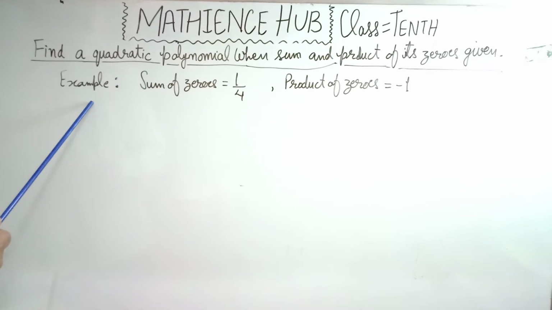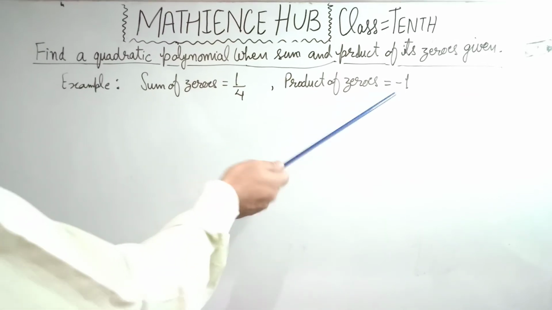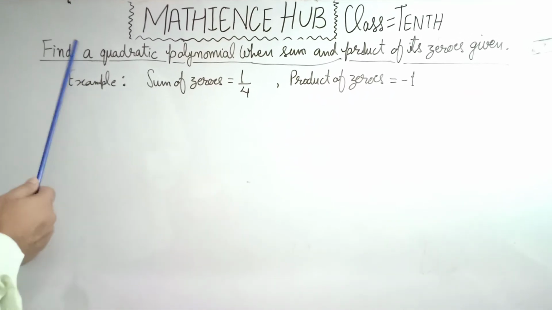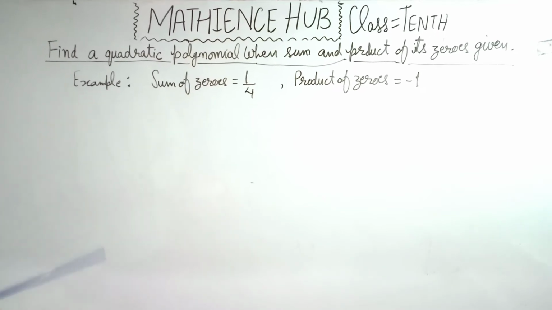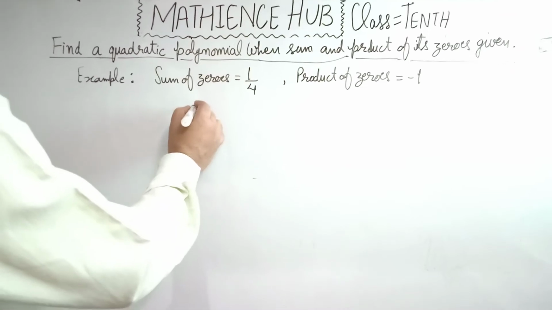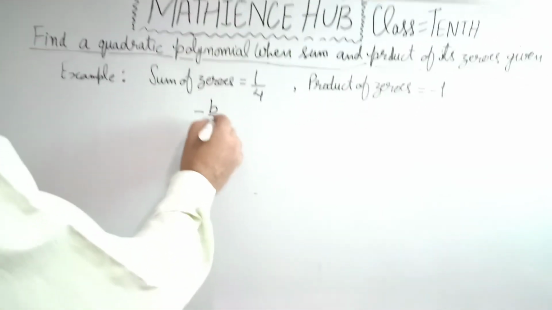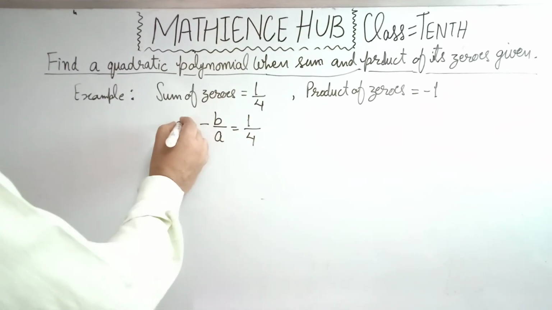In this example, the sum of zeros and product of zeros are given, and we find a quadratic polynomial. We know the formula, the sum of zeros, minus b upon a, equals 1 upon 4.